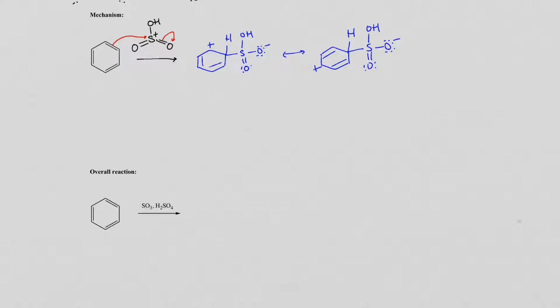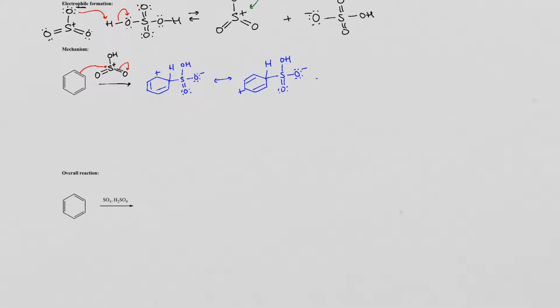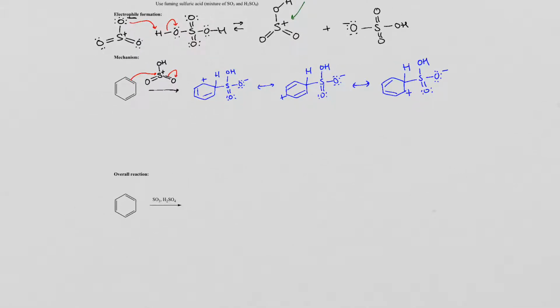And I'll put the lone pairs on this oxygen just for all intents and purposes, showing all of my work in a math class kind of term. Last one. So now we know we have all three resonance structures done.